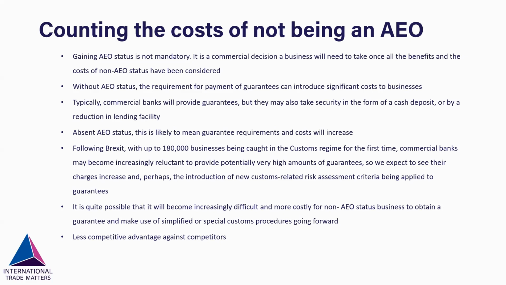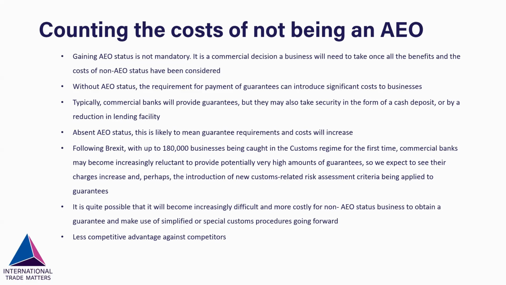We've seen that over the last few months, where it has been difficult for some businesses even to get a guarantee for setting up duty deferment accounts and inward and outward processing. We expect to see their charges increase, as everything else has increased this year, and perhaps the introduction of new customs related risk assessment criteria being applied to guarantees.